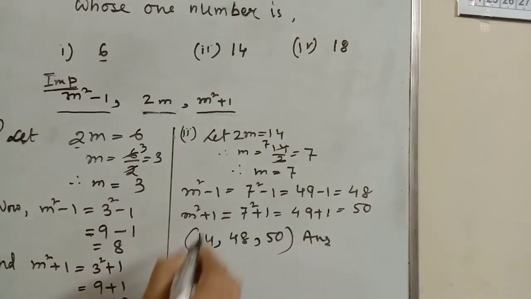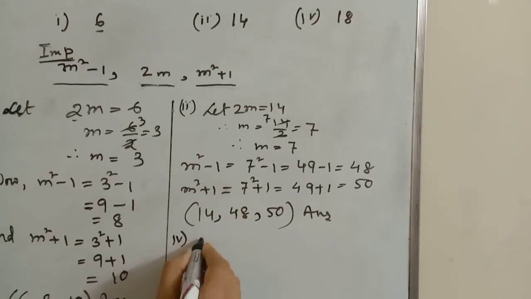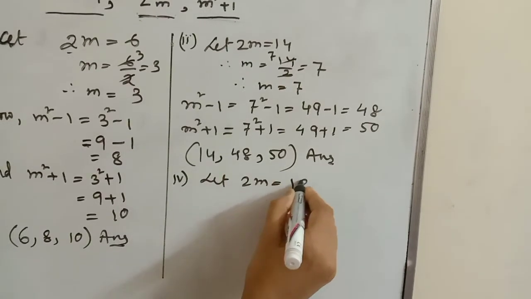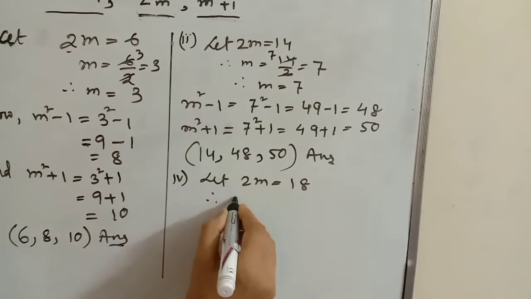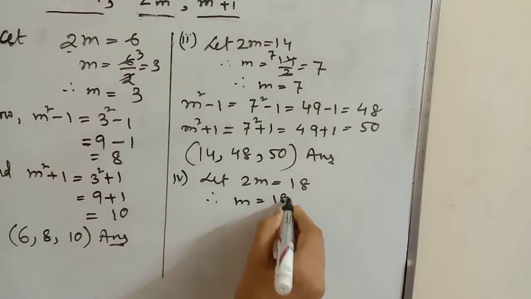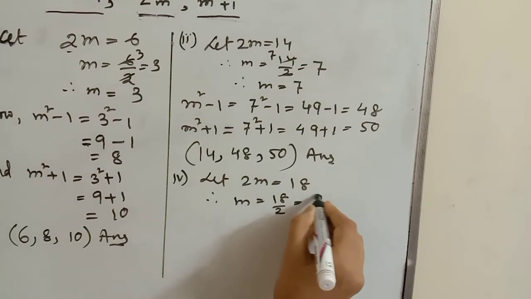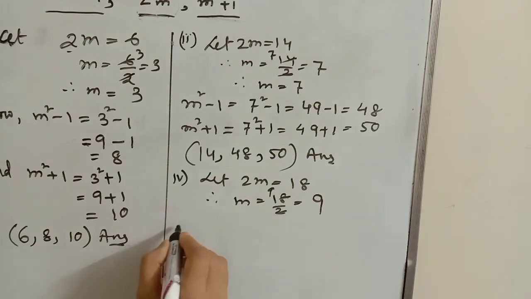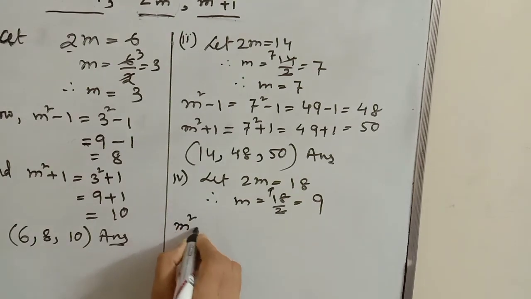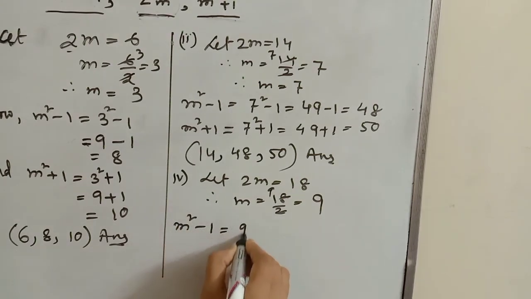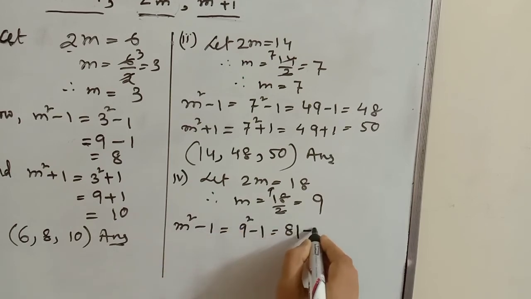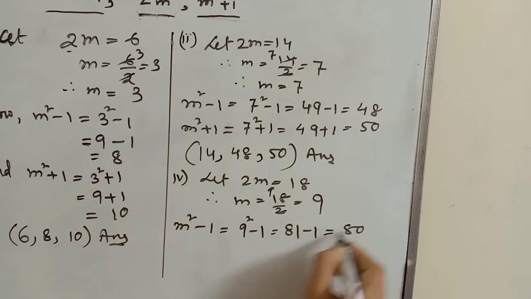Next is question number 4. It is 18. Let 2m be equal to 18. Therefore m is equal to 18 by 2, equal to 9. Now m square minus 1, 9 square minus 1, 9 nines are 81, minus 1, 80.